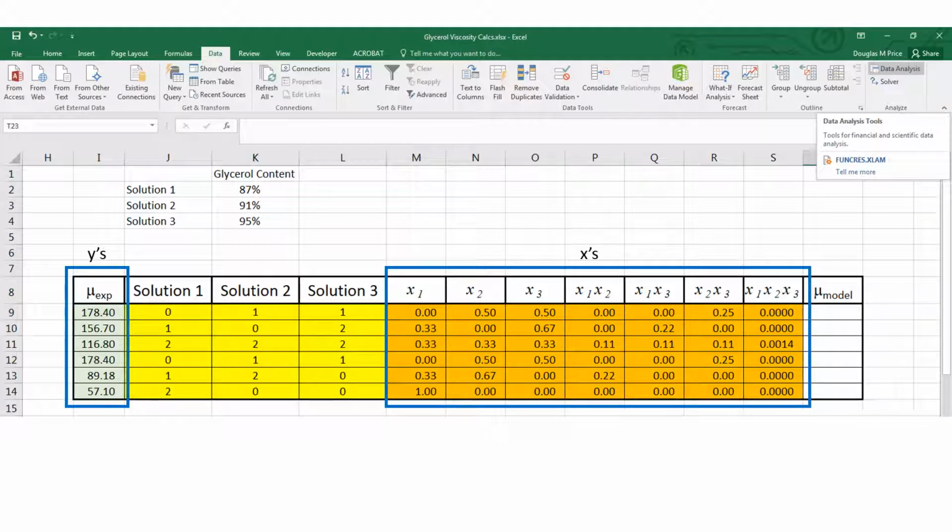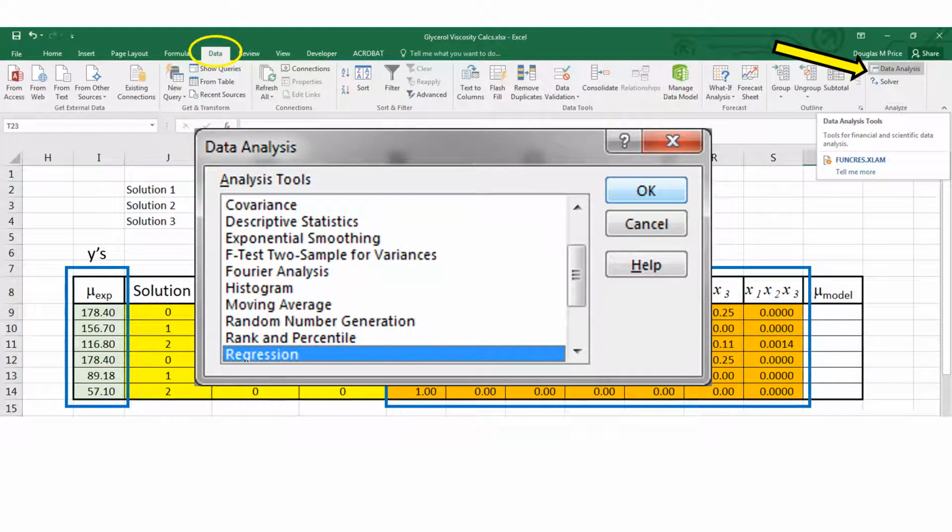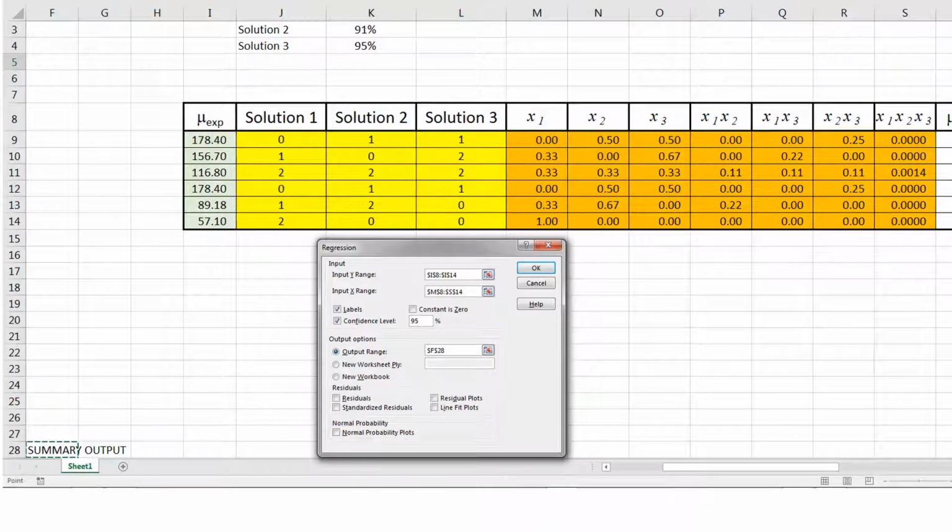You cannot work this if they are separated by a blank column or a column that doesn't have x values in it. We then click on the Data tab up in our menu bar and click on the Data Analysis tool. We get a menu, and we want to select the Regression Analysis tool. And it comes up with the following menu.